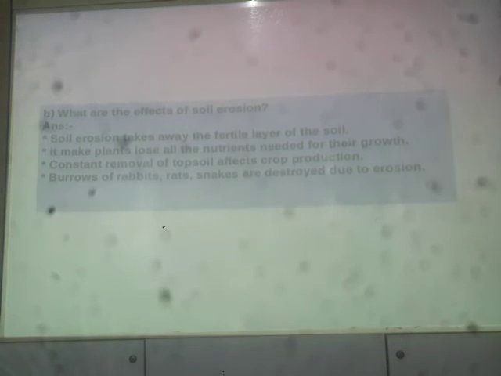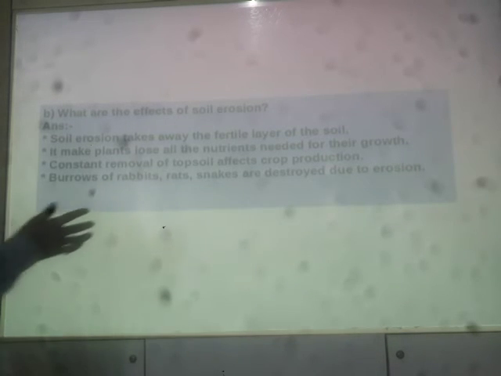The fertile layer is taken away by soil erosion because of wind, water and all these factors. The top part of the soil is taken away. So this is the first effect of soil erosion, that the fertile layer gets removed from the soil.